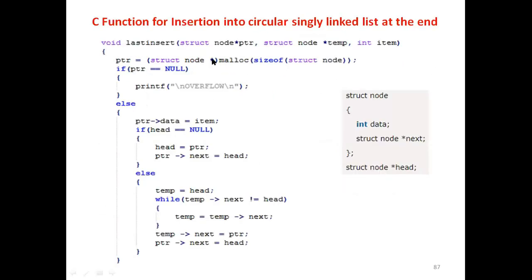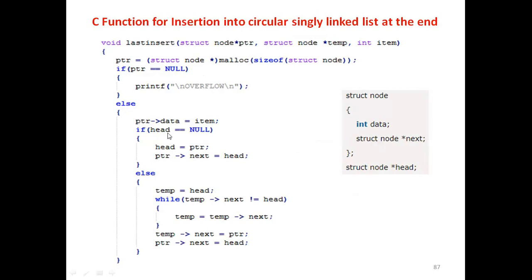So this is the C function for insertion into a circular singly linked list at the end, okay. Here a node is created, and then we are checking if the memory is available or not, or the node is created or not. If the node is not created, just print this message, overflow.